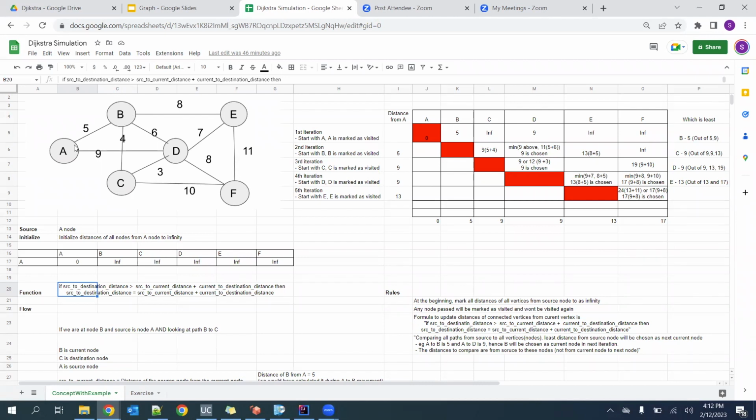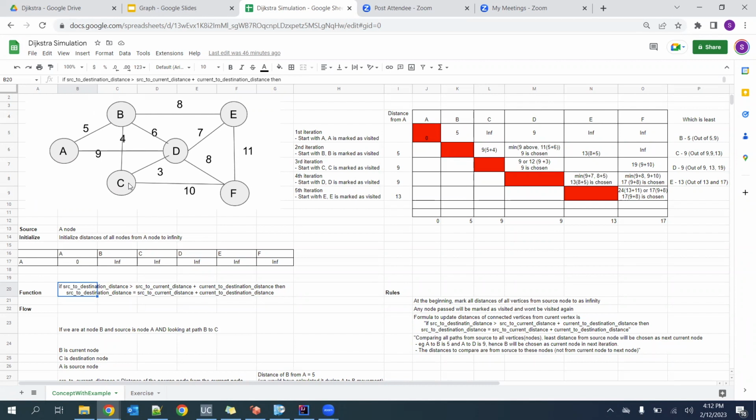Now the distance of A and B is 5, and B and C is 4. So source to current distance, which is B, is already 5, plus current node to destination distance. We are at B, so current node to destination C is 4. 5 plus 4. Remember, in the beginning, we have marked everything as infinity, correct?